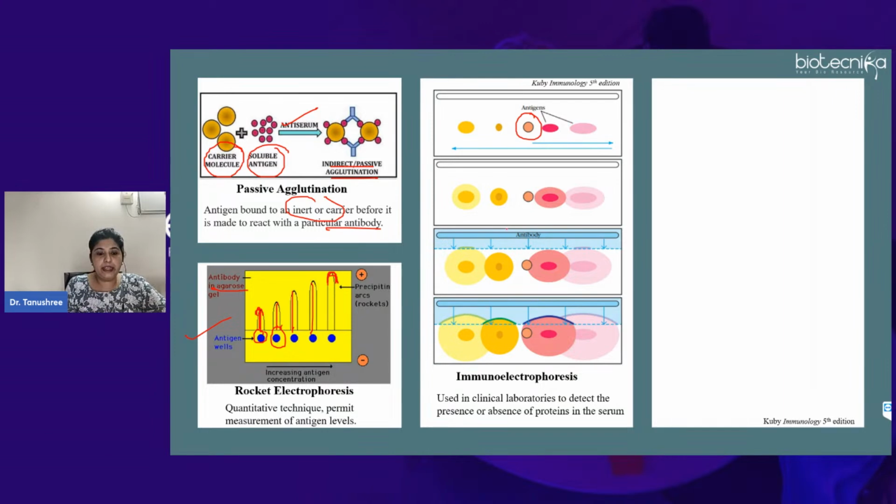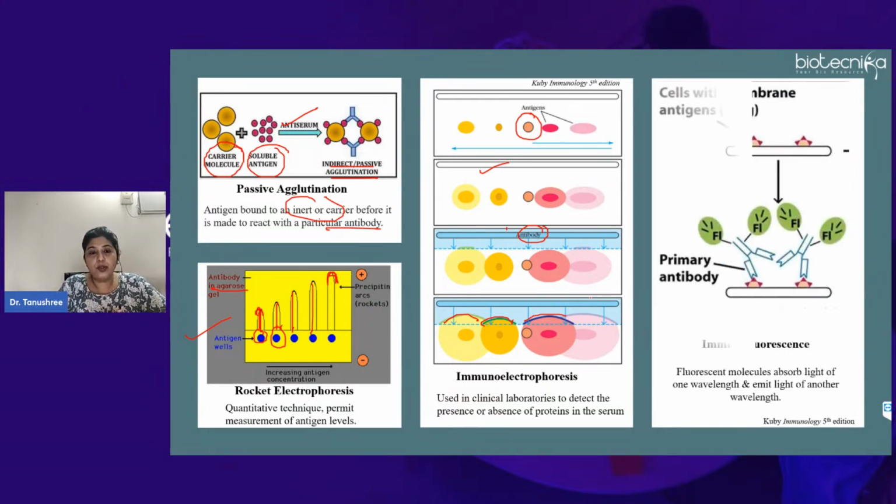Then troughs are cut into the agarose gel, parallel to the direction of the electric field, and the antibody or antiserum is added to the trough. Then antigen and antibody diffuse towards each other and produce a line of precipitation where they meet in appropriate proportions. So this technique is called immunoelectrophoresis. Again, it's a precipitation reaction.